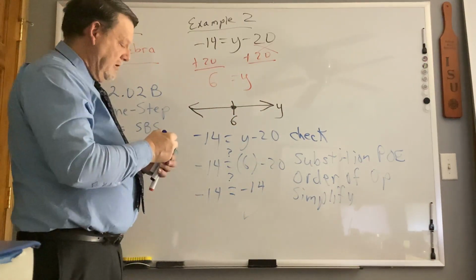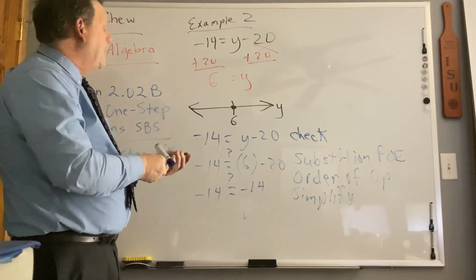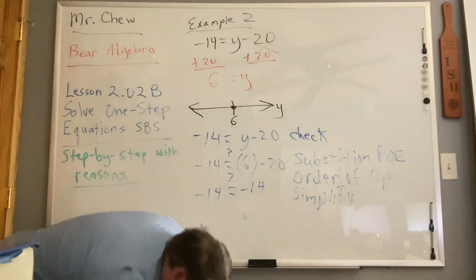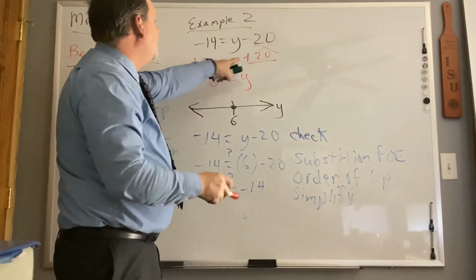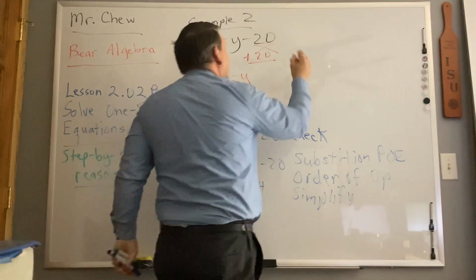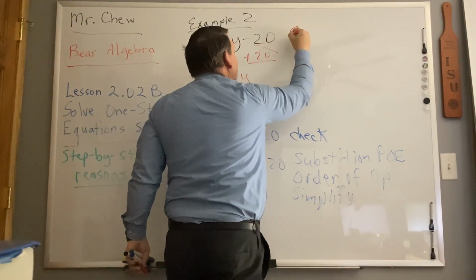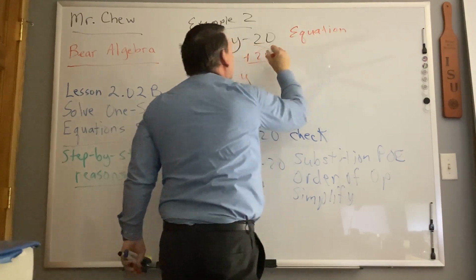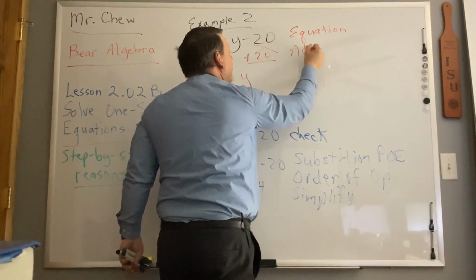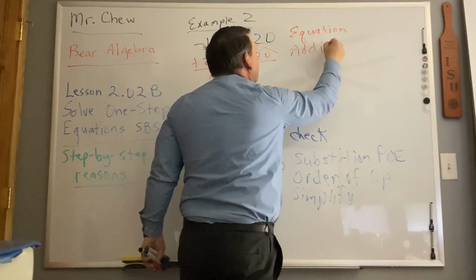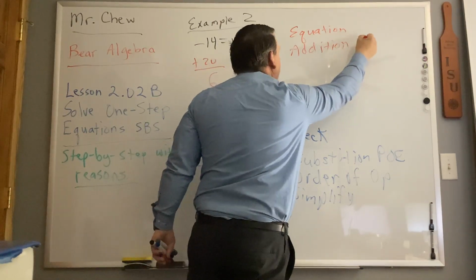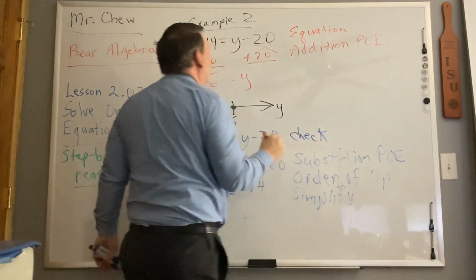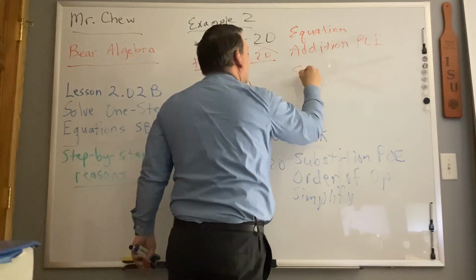So you're saying, yeah, but what were the steps up here? Well, the first step is, this is our original equation. This is our addition property of equality. And this is simplify.